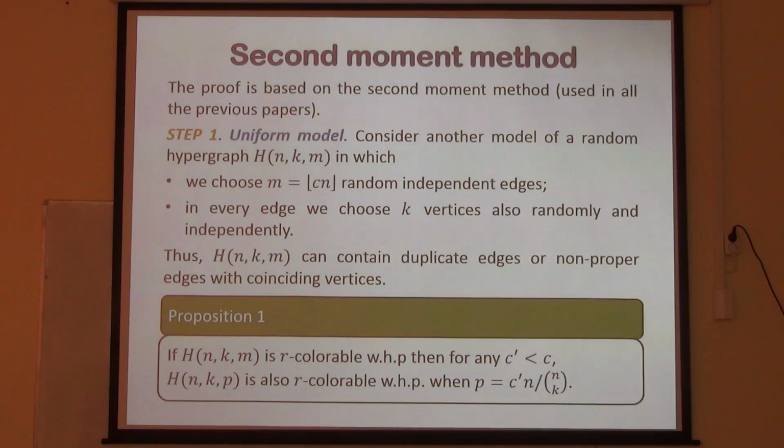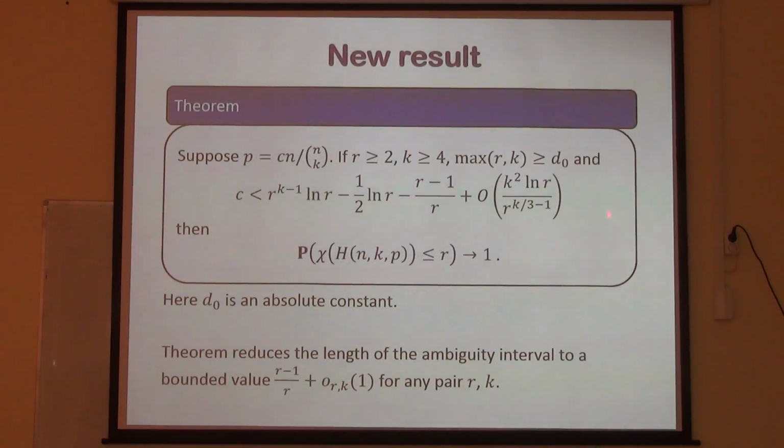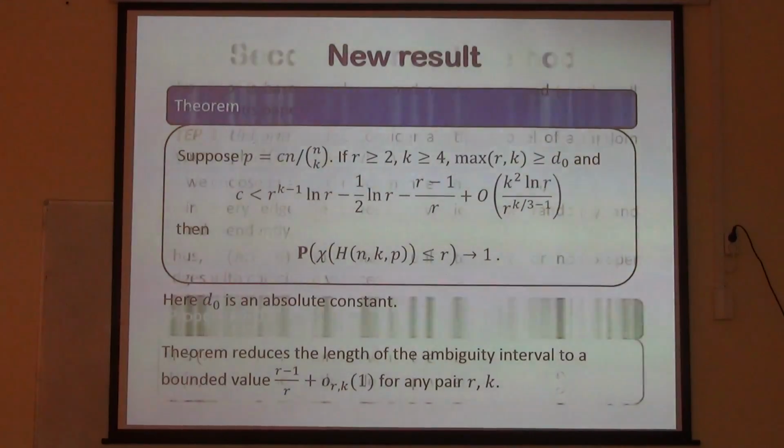And it is not difficult to prove that if our hypergraph is r-colorable for this constant c with high probability, then for any constant c prime smaller than c, in the binomial model we also have r-colorability with high probability. So it doesn't matter because we can assume that we make some restriction, some minus 1 here in the error term.